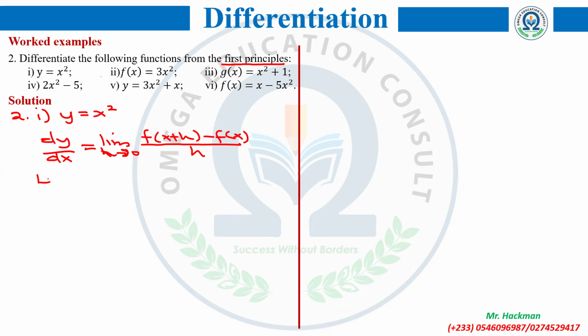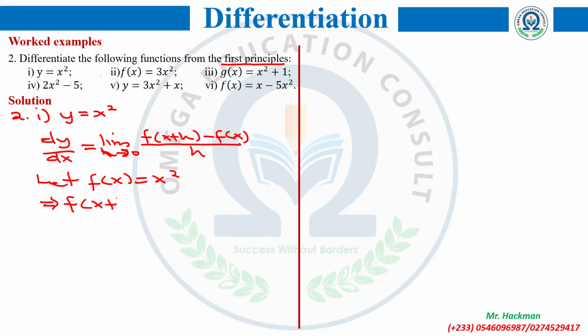Let f of x be equal to y. But we are mature. We know that y will be equal to x squared, so I can write x squared straight away. All correct? Yes, please. So now this implies that once I know f of x, I will need f of x plus h.